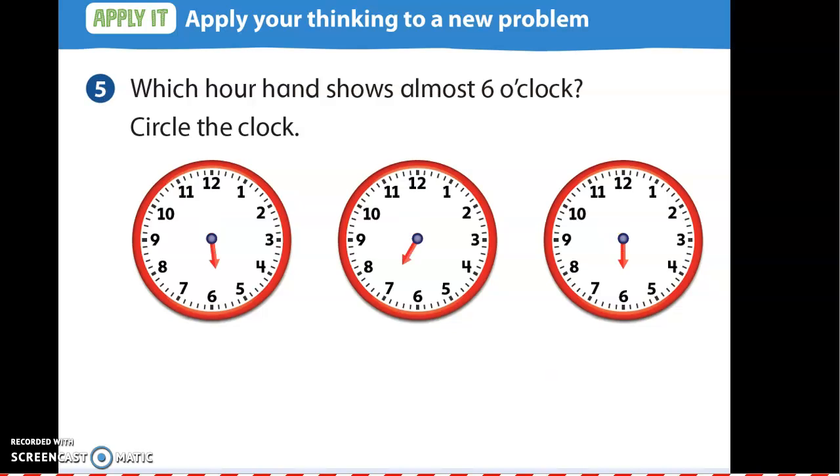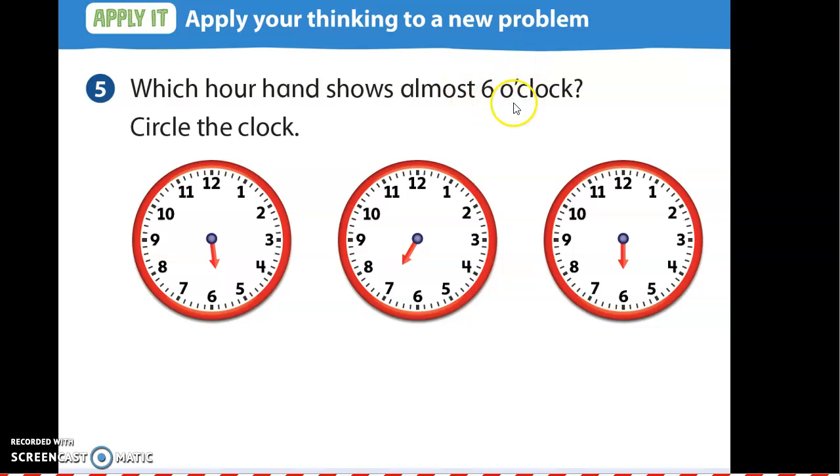Which hour hand shows almost 6 o'clock? Almost 6 o'clock. I know it's not going to be this third one this time because this one is pointing directly at the 6. It's not going to point directly at the 6 if it's almost 6 o'clock. I know it's not this one that's pointing at the 7 because that's the wrong hour.